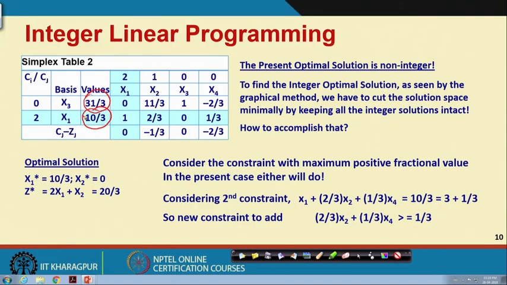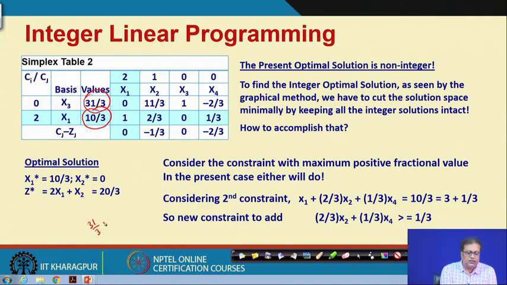What is 31 by 3? 31 by 3 equals 10 plus 1 by 3. And 10 by 3 equals 3 plus 1 by 3. This is the fractional value. The question is which one is having the maximum positive fractional value? In this case both are equal. So, you could have taken either the first one or the second one, any one; anyhow we have taken the second one.